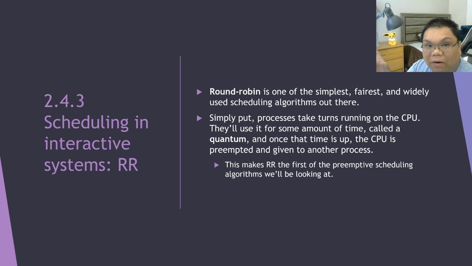If, before that time, the process can't run anymore because it's waiting for some I/O operation to finish, we can give the CPU to the next process earlier. So let's say at 50 milliseconds, the process stops running because it's waiting for some I/O operation to finish. At that point, we can preempt the CPU. That process goes to the back of the line, and then we can give the CPU to the next process in line.